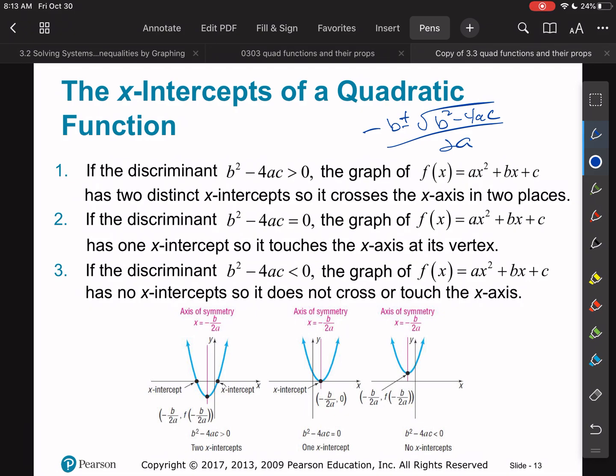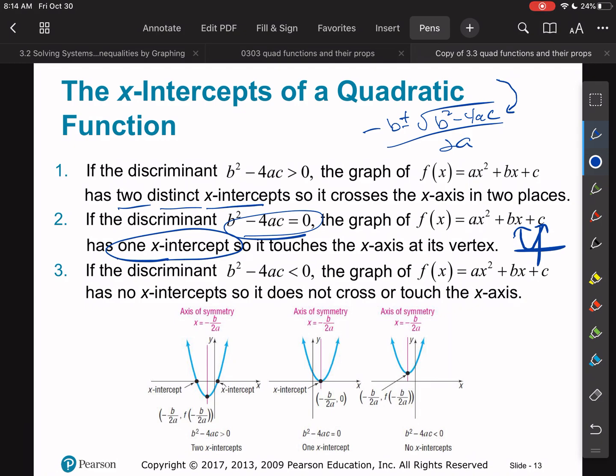What is inside of the radical is known as the discriminant. All right, so we know that if that thing is bigger than 0, it will have 2 distinct x-intercepts. If it's equal to 0, it will have 1 intercept. That means that the graph will look something like this, where it comes down and touches the x-axis. And if it's less than 0, there will be none.